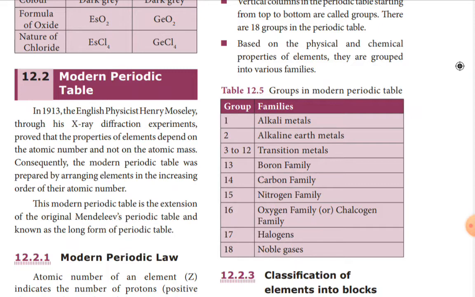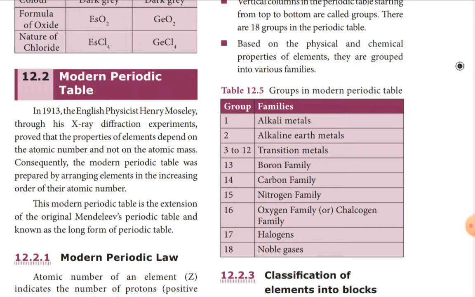This is the important point. Henry Moseley proved that the properties of the atoms of an element are completely based on the atomic number, not on the atomic mass, using the X-ray diffraction experiment.